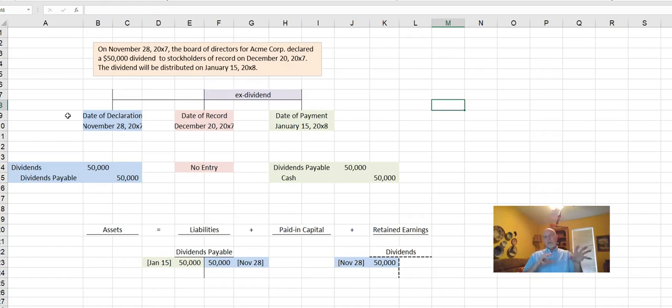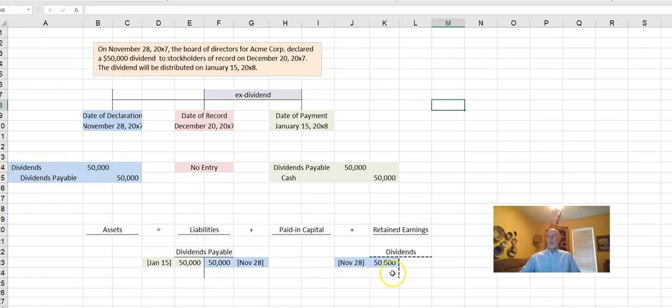But on the date of declaration, we lose that flexibility because we have announced that we're going to pay a dividend, and stockholders are out there buying and selling stock based on that information. So we can't change our mind. That becomes a legally enforceable liability. So on that day, we would record it as a liability.